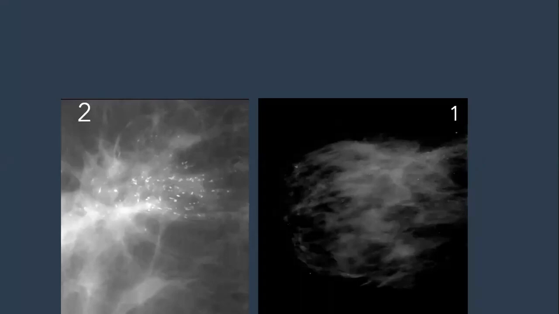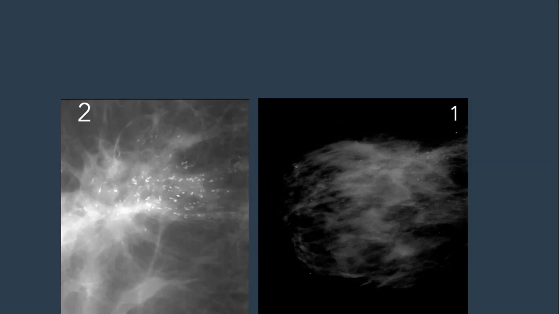Because of the limitations, I cannot say. It might be regional, it might be segmental, but it doesn't matter. Regardless of distribution and regardless of the associations, if I just have these calcifications without anything else, it will be BI-RADS 4C.